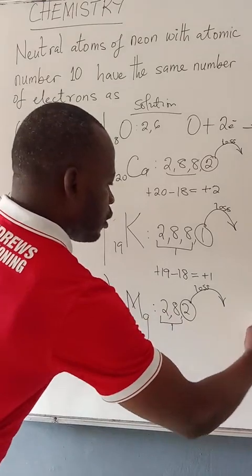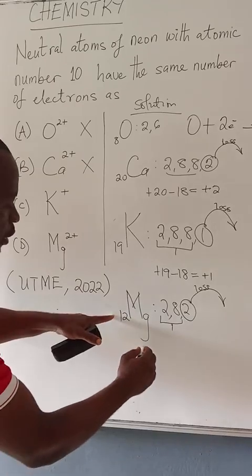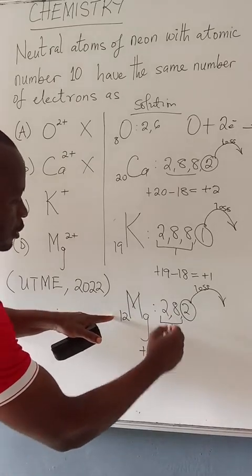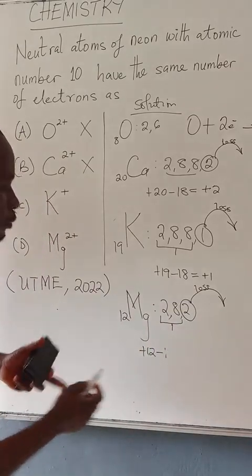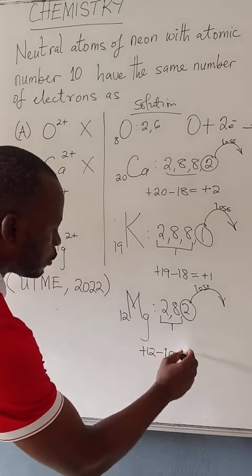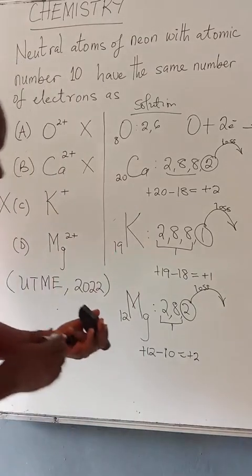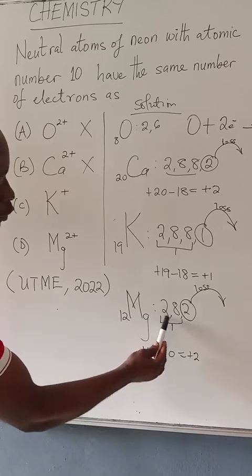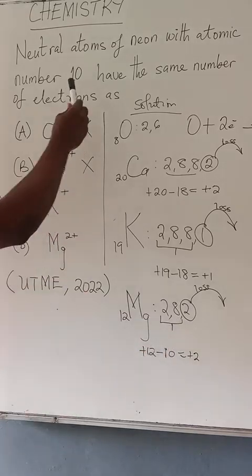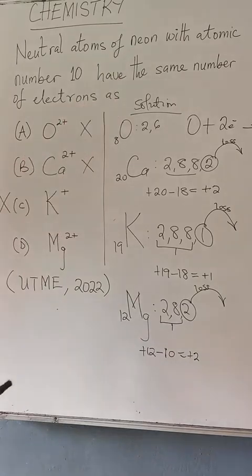So what charge is it going to have? Let's find out. Plus 12 here, minus the 10 electrons, equals plus 2. That is the charge of magnesium ions. And take note, how many electrons does it have? 2 plus 8, 10. And how many electrons does one atom of neon have?